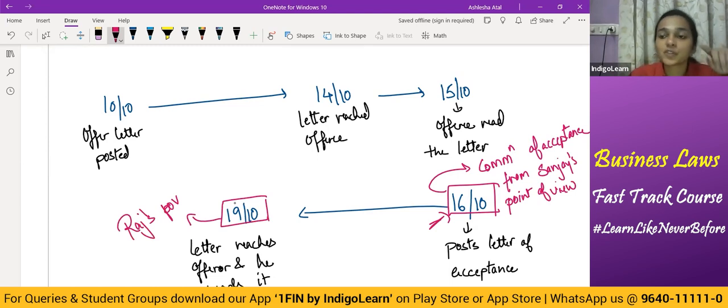Is this clear? So when we are talking of communication of acceptance, the communication of acceptance is complete from the offerer or the proposer's point of view when the letter is put into the course of transmission. However, the communication of acceptance is complete from the acceptor's point of view when the offerer comes to know about the acceptance.